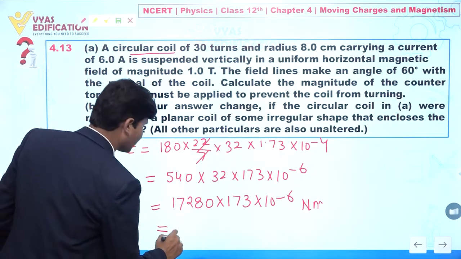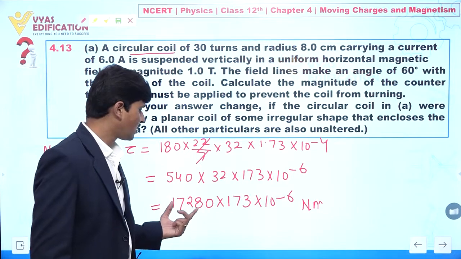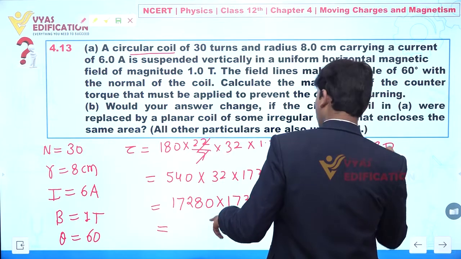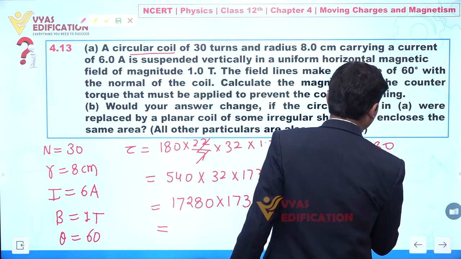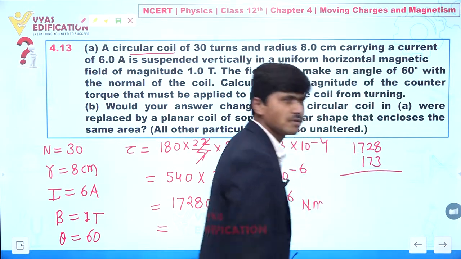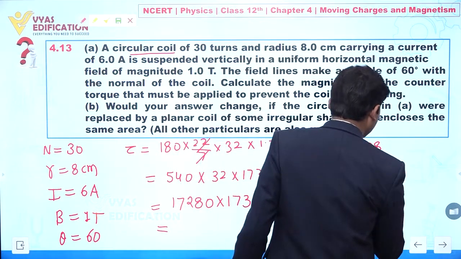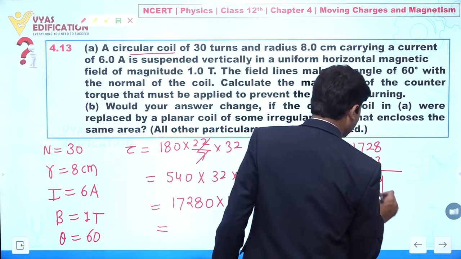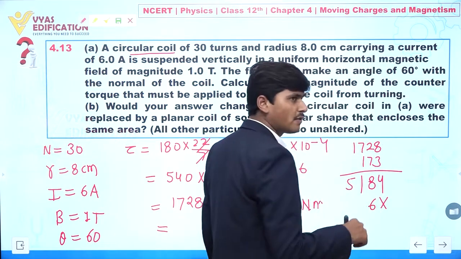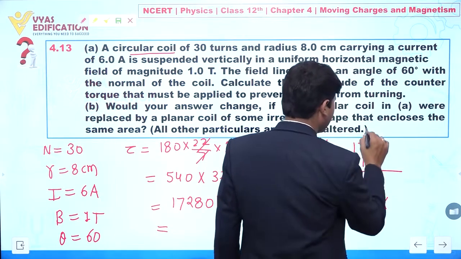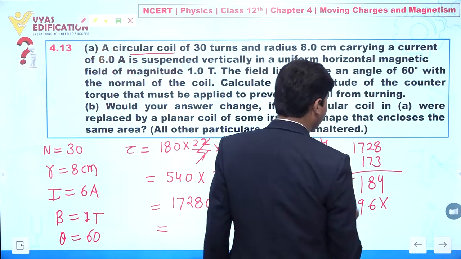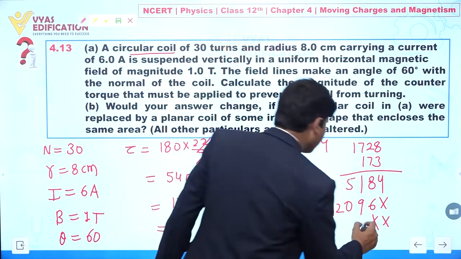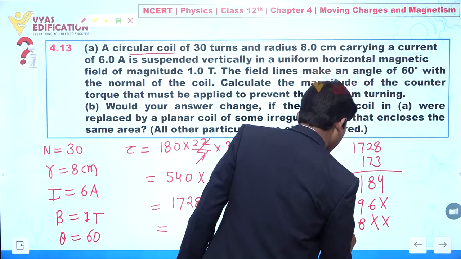Now just multiply 17280 with 173, approximately. Multiplying step by step, we have 4, 2, 8, 1, and so on, and with the other digits we get 8, 2, 7, 1.